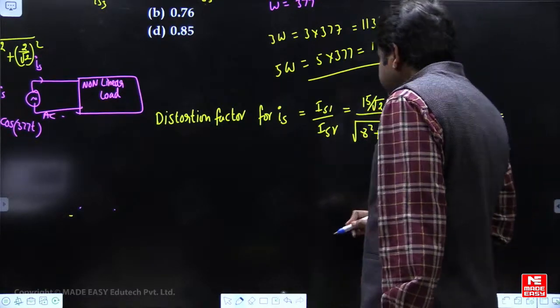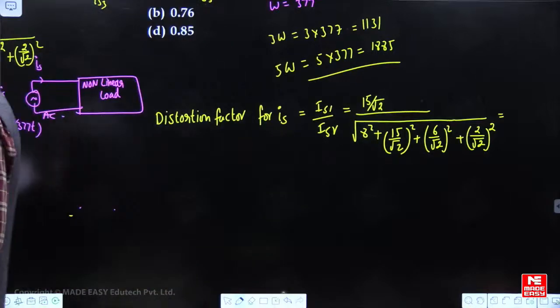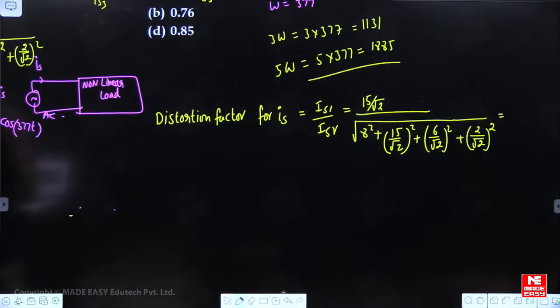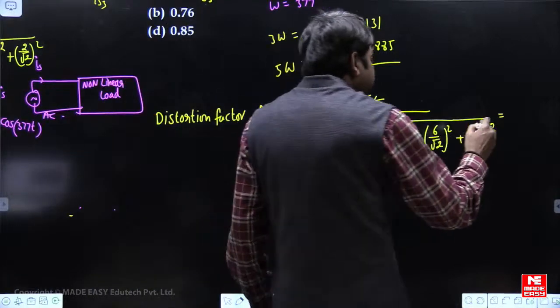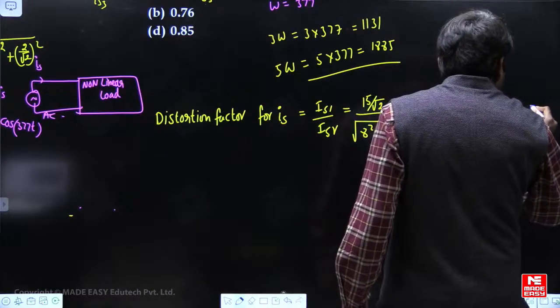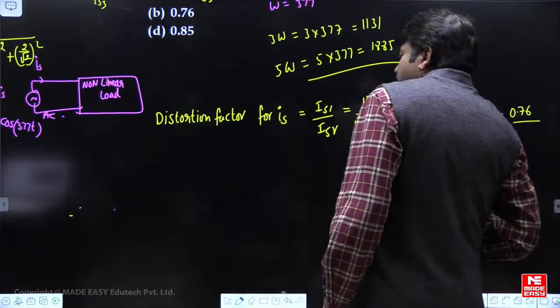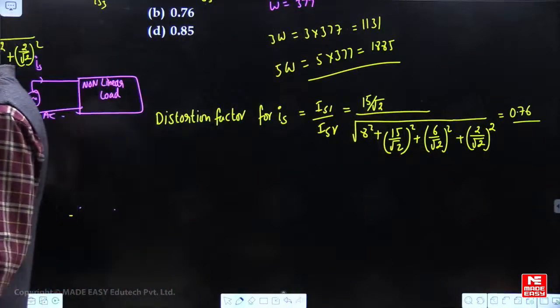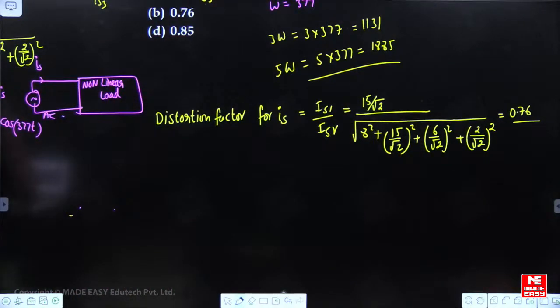Just simplify this. So that is 0.76, right? 0.76 amperes. Okay, so distortion factor is very low. So that will increase the harmonic content in this case. Okay, fine.